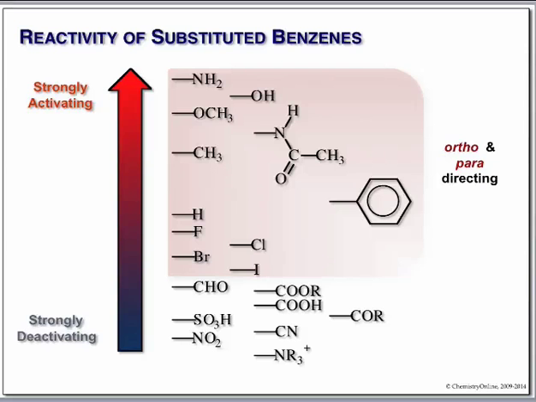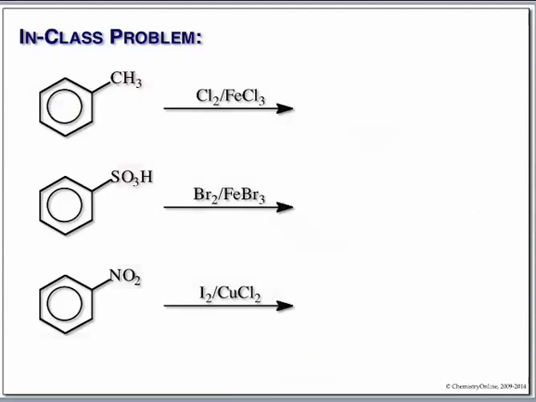It's still a lousy reaction, but that makes them meta-directing. Pushes electrons in, gonna go ortho and para; pulls electrons out, only place left is meta. Any questions? Let's quickly just do a quick problem set.